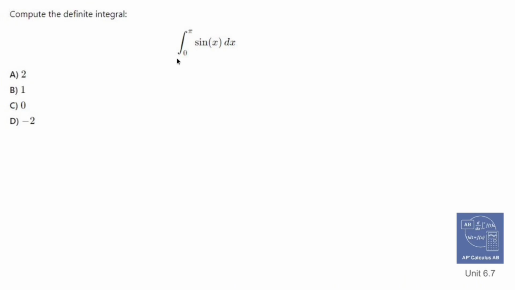Compute the definite integral, the integral between 0 and pi of sine x dx. The integral of sine x is not cosine. That's the derivative. The integral of sine x is negative cosine. Now we're going to carry along our limits of integration, which are 0 and pi.